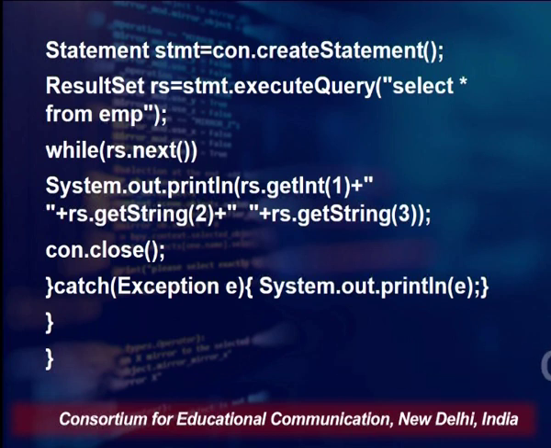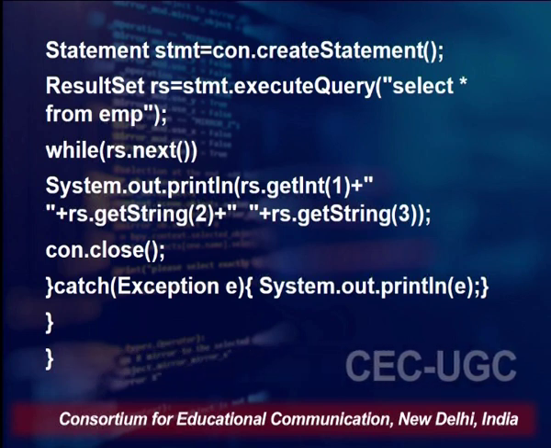In order to print, obviously we are going to use System.out.println, then rs.getInt within the brackets 1 plus a space to be inserted in between, so the fields can be cleanly separated.